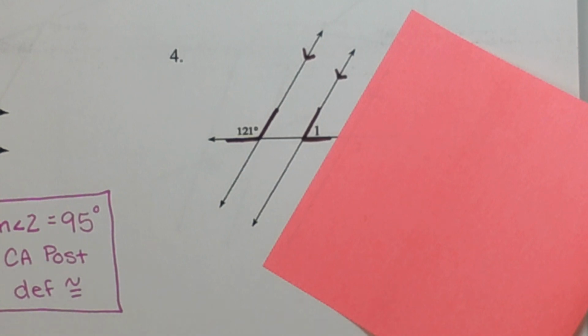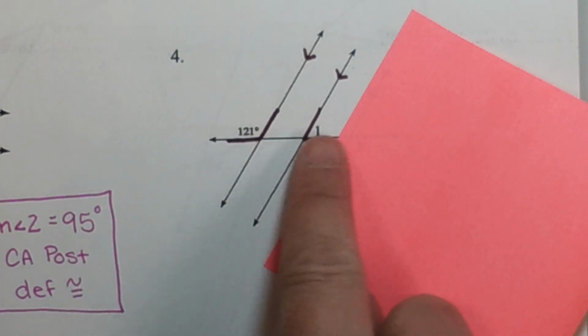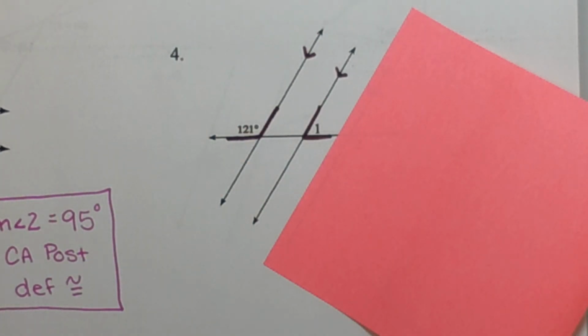Okay, these two are on the same side of the transversal, because this is my transversal. They are both exterior. There's no angle pairing for that. So unfortunately, I need to find a workaround. Now, if only these two angles were on opposite sides of the transversal and both exterior, that would be so much easier to work with.